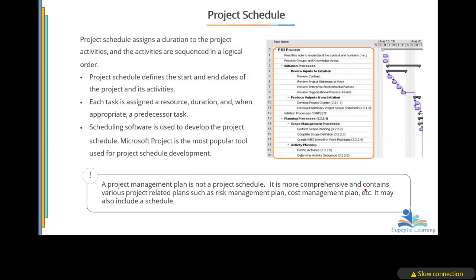When we say project schedule, what is it? It assigns a duration to the project activities, and the activities are sequenced in a logical manner. I'm sure you are familiar with the Gantt chart, right? The MS Project. Yes, so you're able to come out with this.